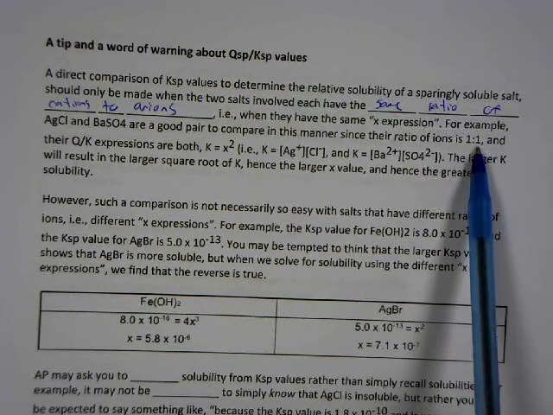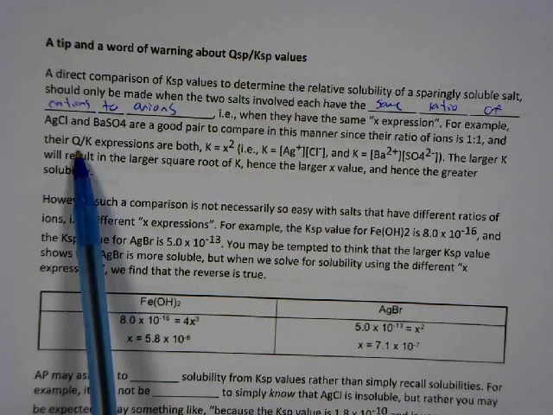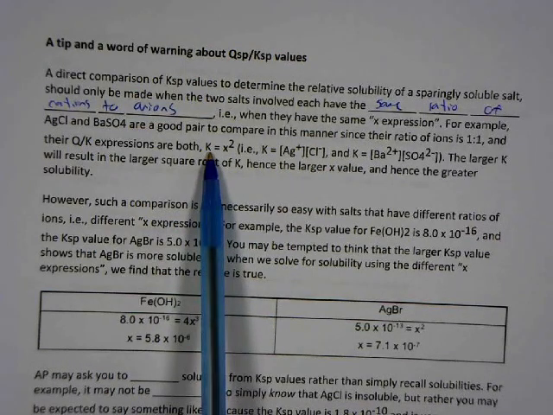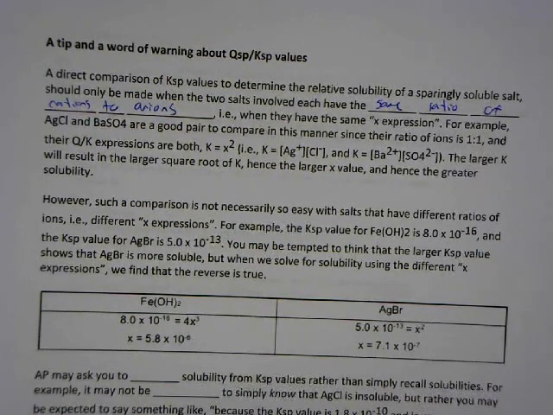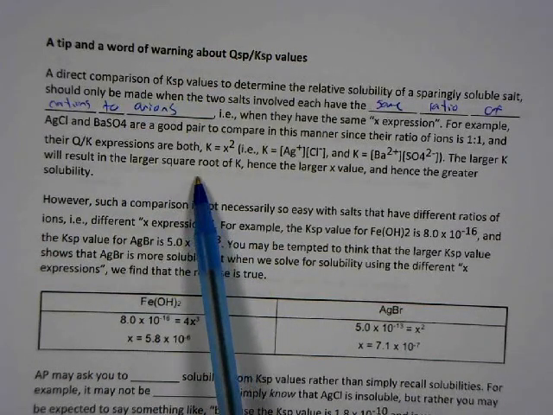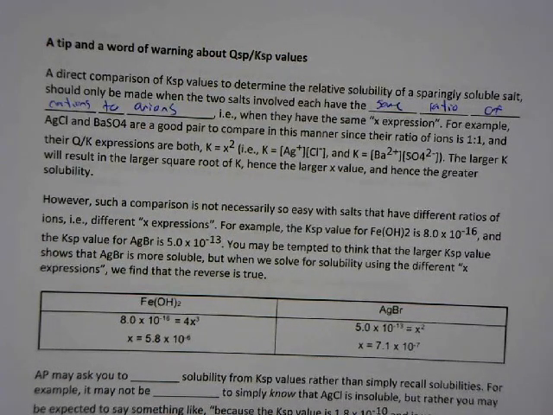For example, AgCl, that's a 1 plus and a 1 minus. BaSO4, that's a 2 plus and a 2 minus. Those would work because the ratios are 1 to 1, and their Q or K expressions would both be K equals x squared, right?